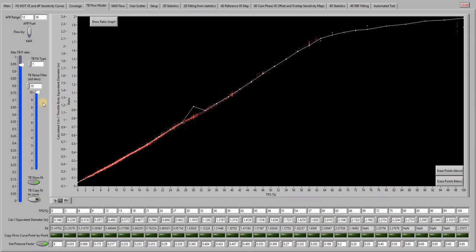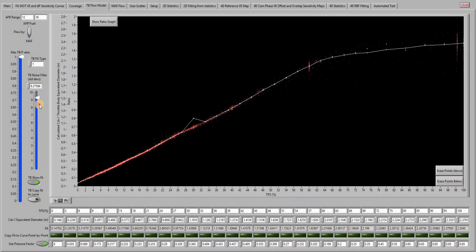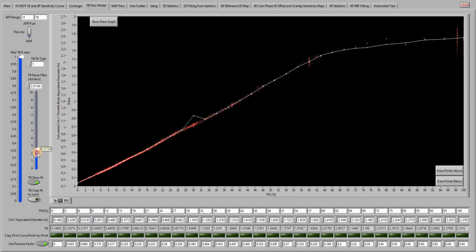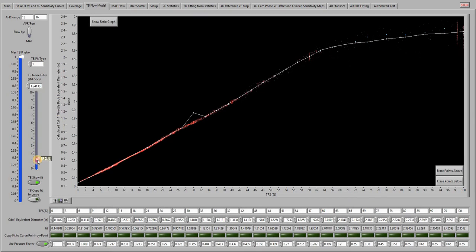There's also a filter, if you have very noisy data or some outliers. What this does is specify the number of standard deviations that it will accept the data. Beyond a certain point, it will throw out data if the standard deviation within the segment is greater than this number that I'm moving with the slider here.